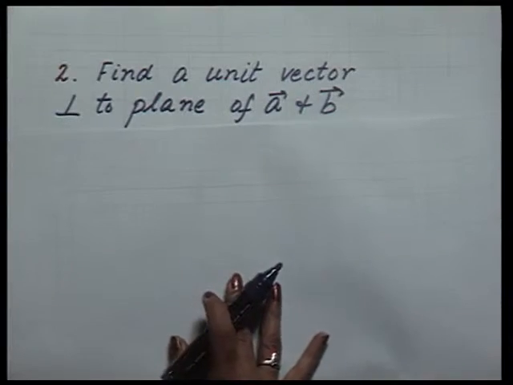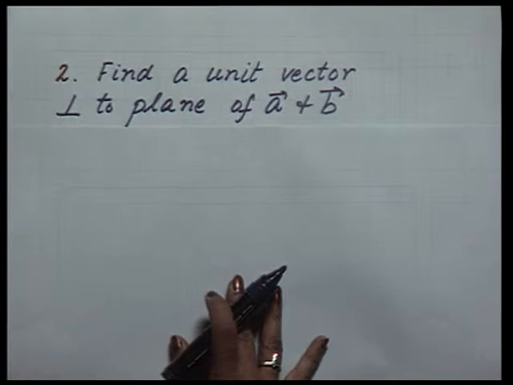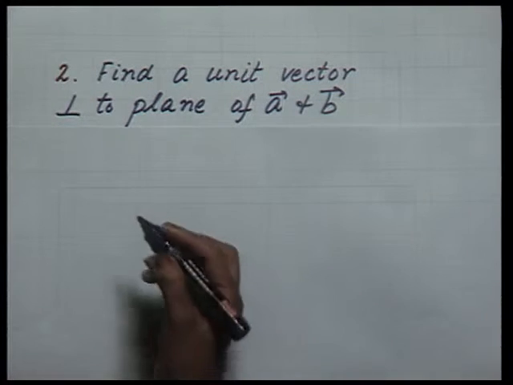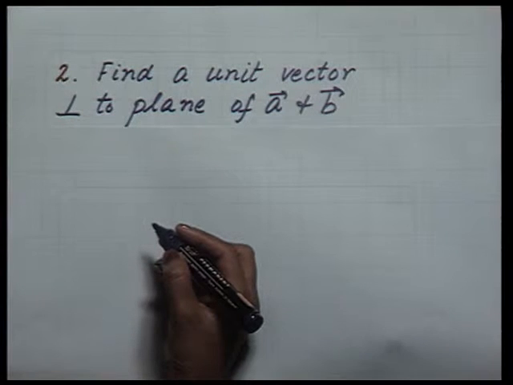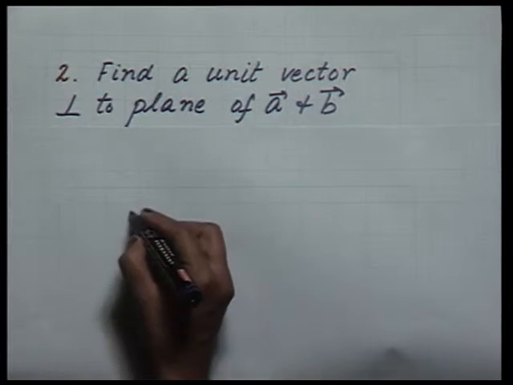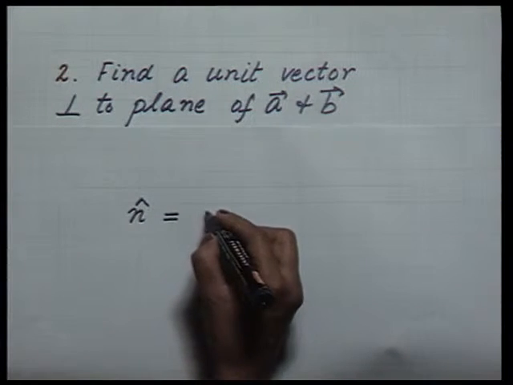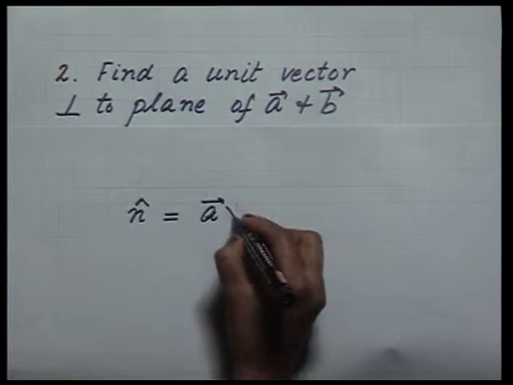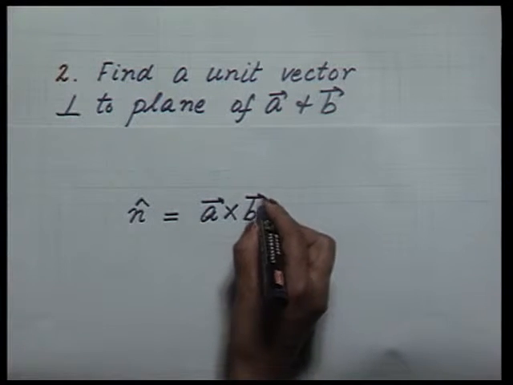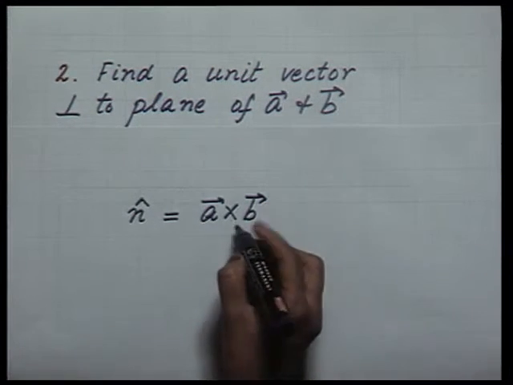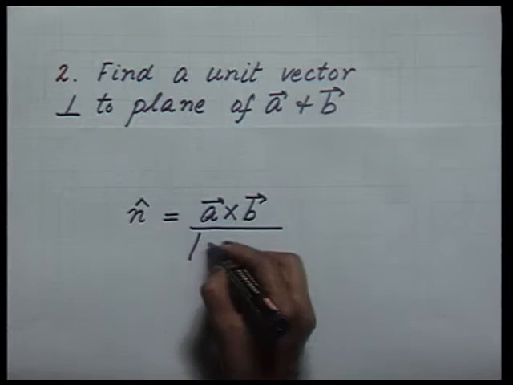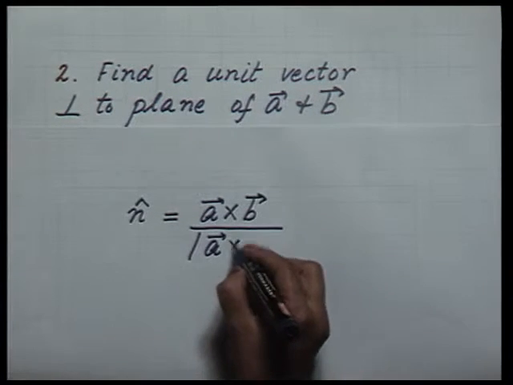Another problem: find a unit vector perpendicular to the plane of A and B. Now, we know that A cross B is a vector perpendicular to the plane of A and B. So, the unit vector n will be given by the vector A cross B, which you will calculate as you have just done, divided by the magnitude of A cross B.